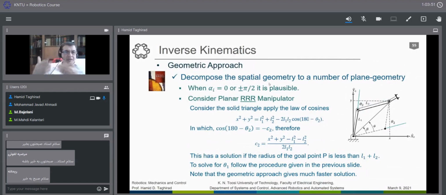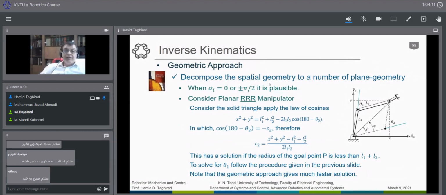In many examples that we see in industrial applications, this case is considered. And maybe this is to make the inverse kinematic problem easier. But in some cases, we have other angles. In that case, it is not possible.